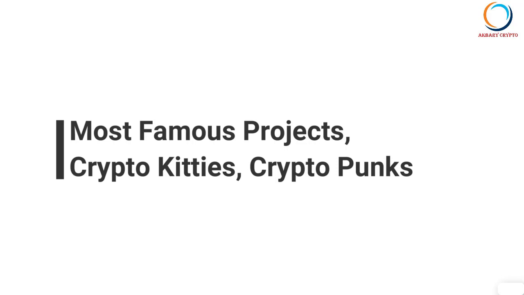However, each token in the ERC 721 token standard has a different meaning. ERC 721 is a non-fungible token standard interface, which means ERC 721 tokens are only a subset of Ethereum tokens.